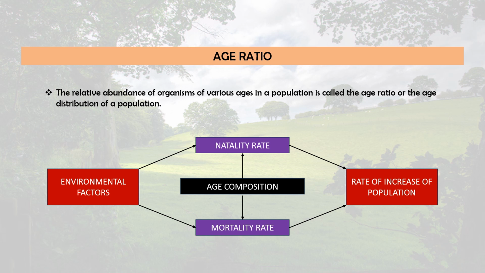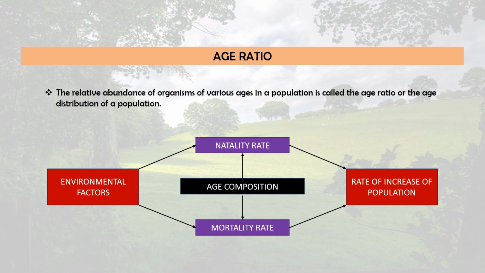And usually a rapidly expanding population will contain a large proportion of young individuals, a stationary population, a more even distribution of age classes, and in a declining population, there is a large proportion of old individuals.